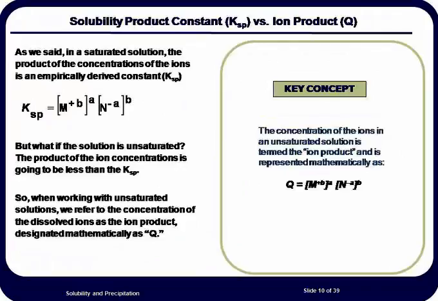If the concentrations for the ions are substituted in this expression and multiplied, a precipitate will occur when the value of Q is greater than the value of K sub SP. Once the ion product exceeds K sub SP, we have a saturated solution of the salt.